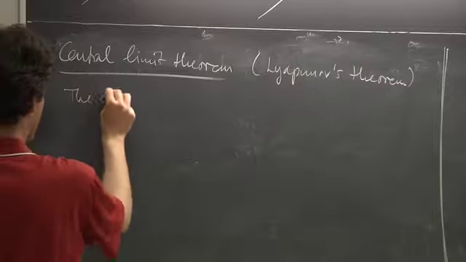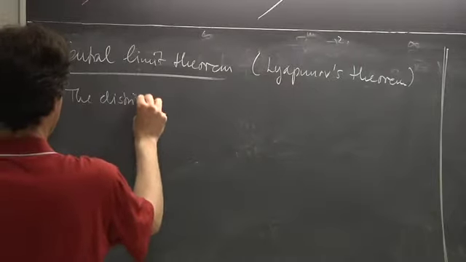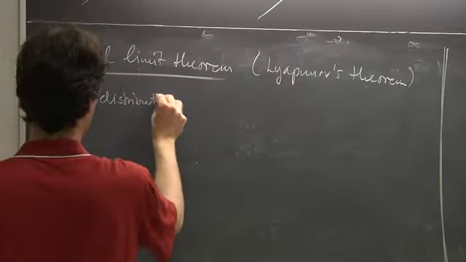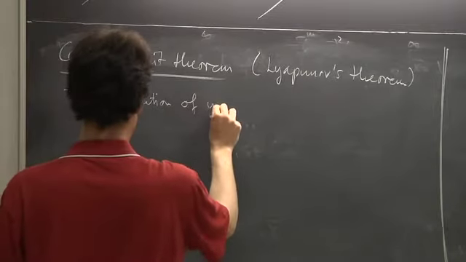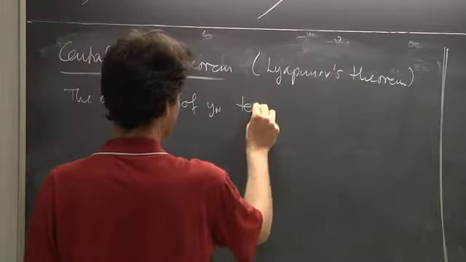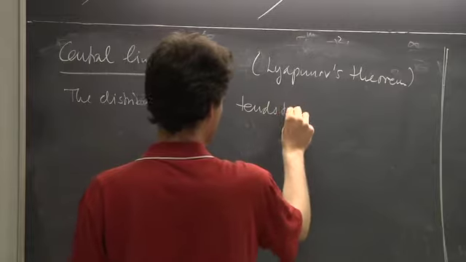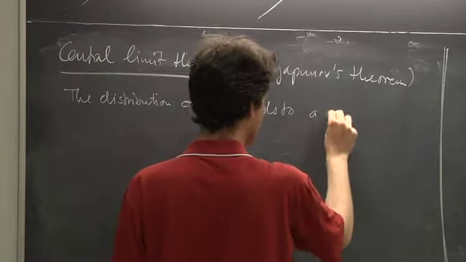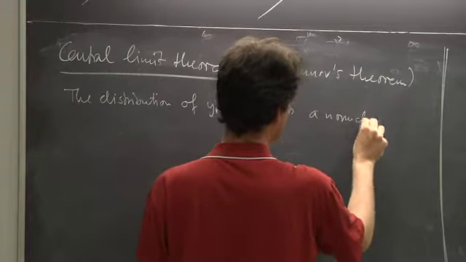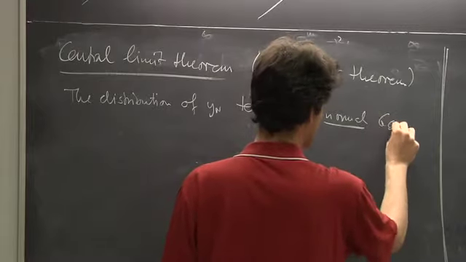So the distribution of Yn tends to a normal distribution, that means a standardized Gaussian.